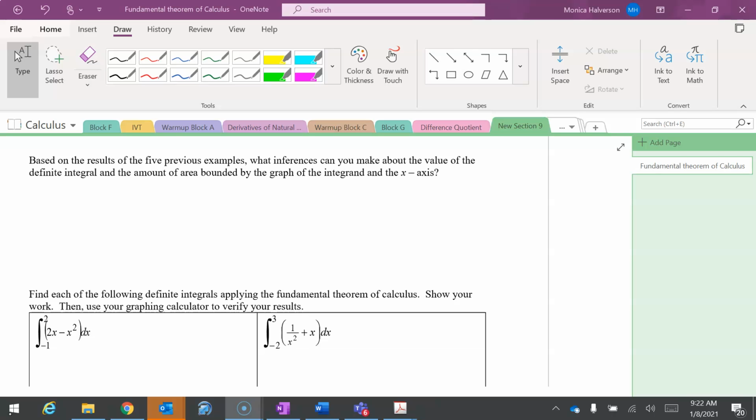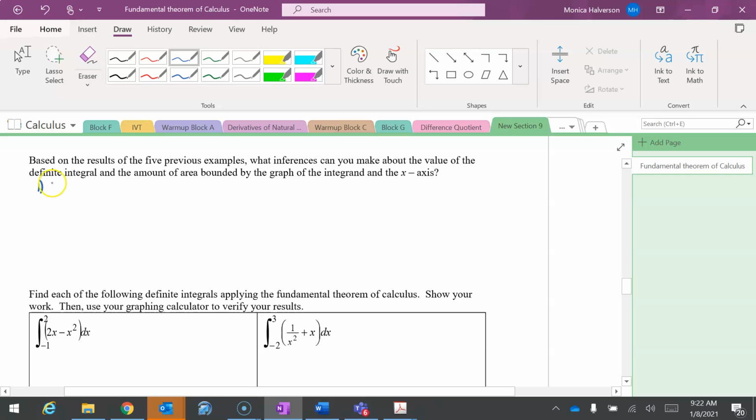So based on the results of these 5 previous examples, what can we infer about the value of the definite integral and the amount of area bounded by the graph of the integrand and the x-axis? Well, there's 4 things we can infer.